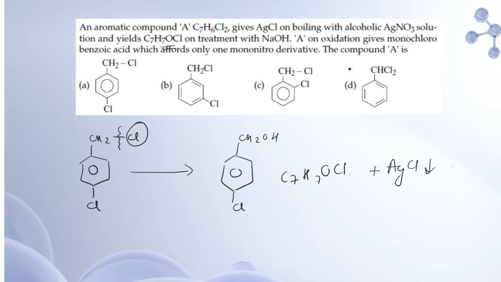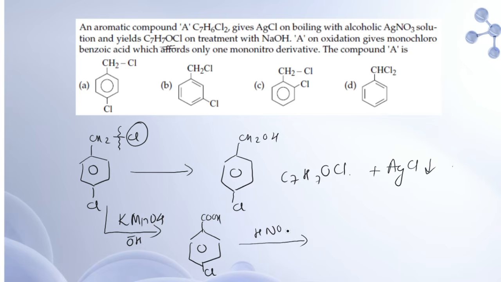Now, when it undergoes oxidation, suppose a strong oxidizing agent like KMnO4 in basic medium. First, it will convert it to benzyl alcohol, which upon oxidation will give the benzoic acid like this. And it is parachlorobenzoic acid. This upon nitration, what are we going to get?